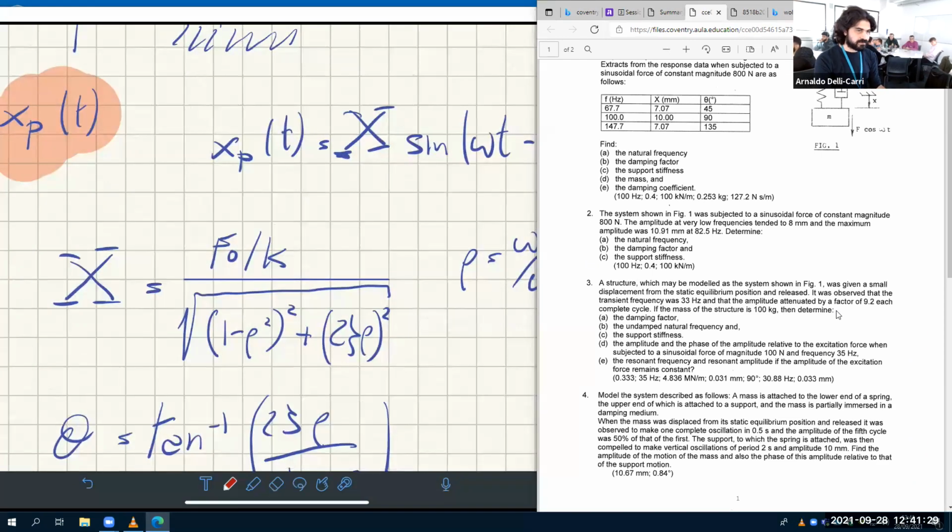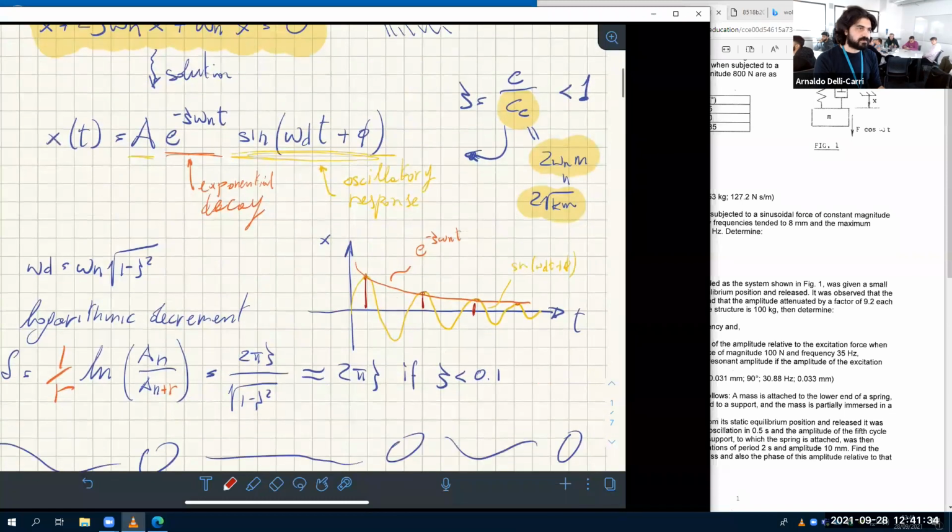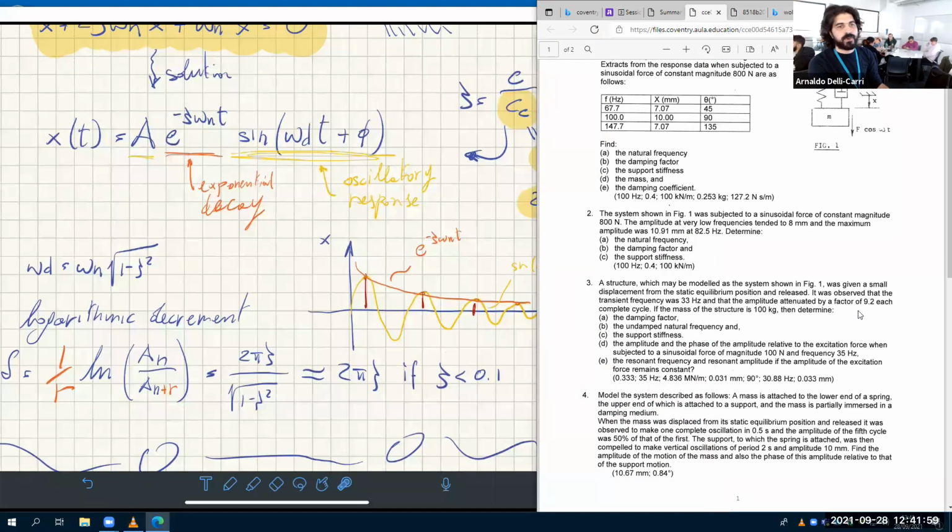Of course, I must use this one, because I am displacing something and releasing it. So this vibrates freely at its own preferred frequency, which is omega d. Omega n if it's undamped. But we know that it's got damping because the amplitude is attenuated every cycle. Every cycle, the amplitude goes down by a factor of 9.2.